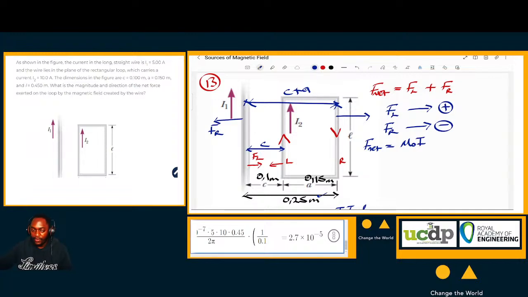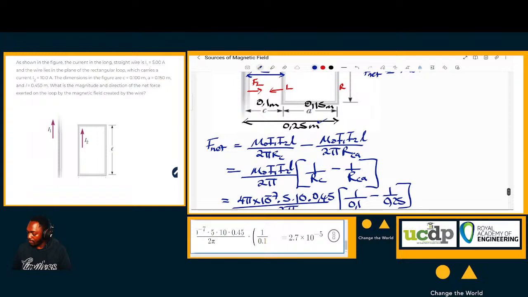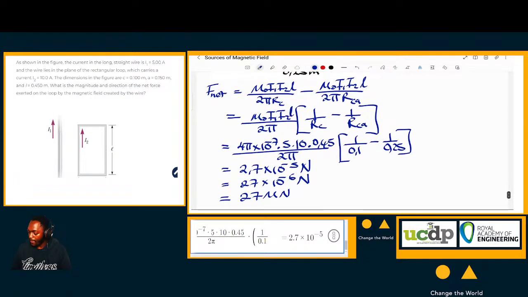Do you expect it to move to the left or to the right? So according to what we have just shown you there, we expect that the net force exerted on the loop by the magnetic field created by the wire should move to the left, right?